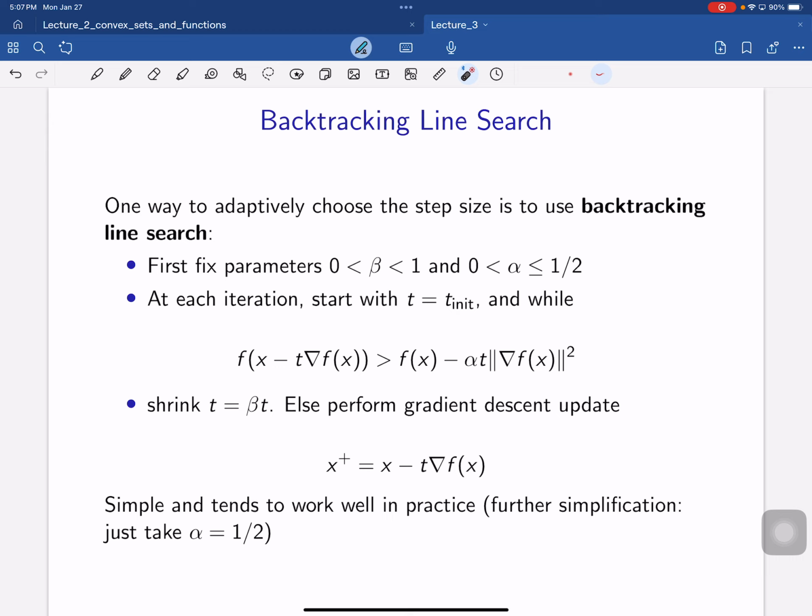The idea is, if this new point, right? So we are evaluating the function value at this new point by taking the gradient direction with step size t, right?